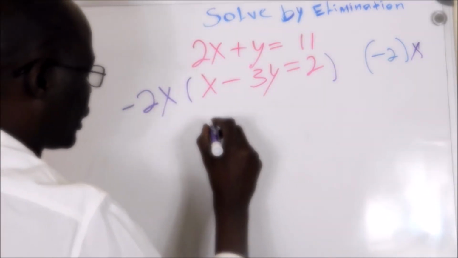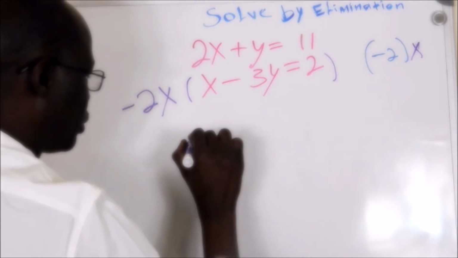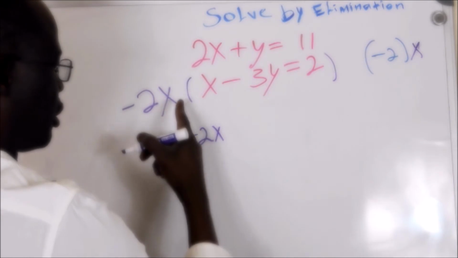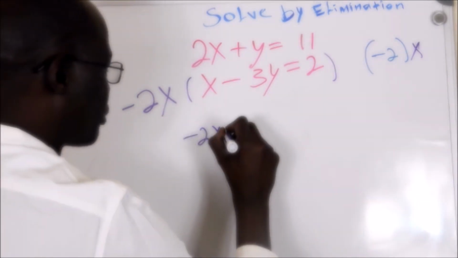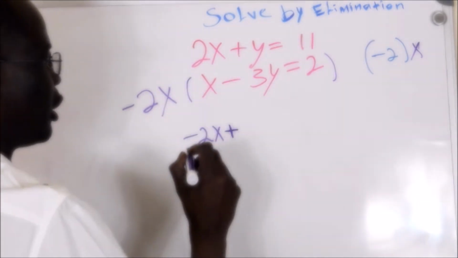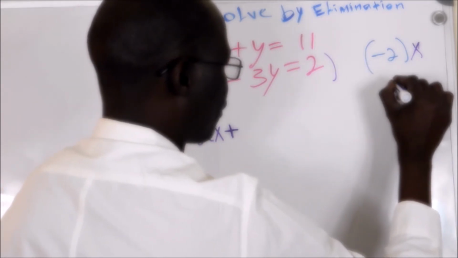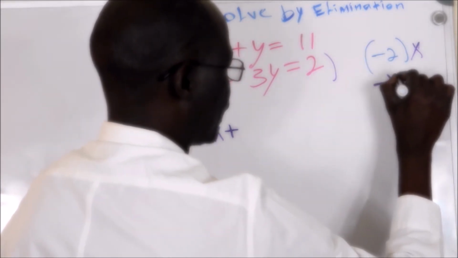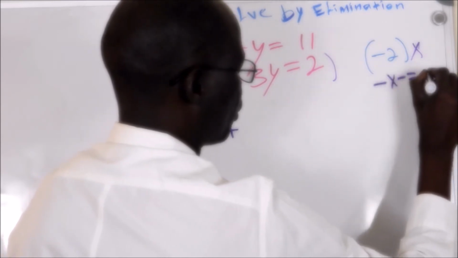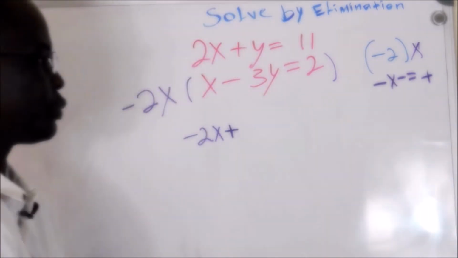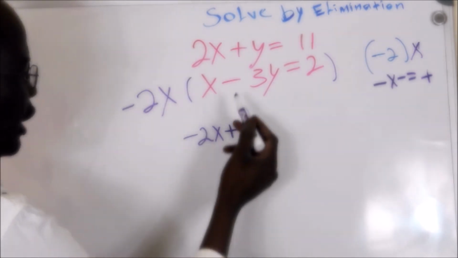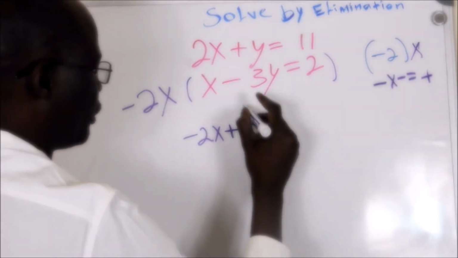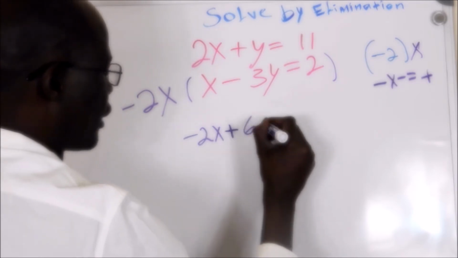So here it will equal -2x plus, because when you have a negative times a negative, it equals a positive, that's the rule. So we have -3 times -2, which is 6y.